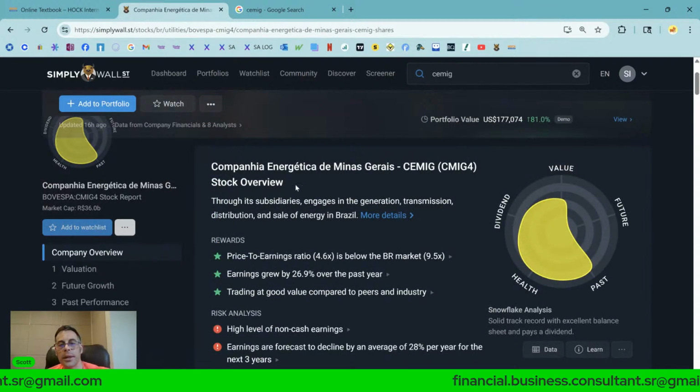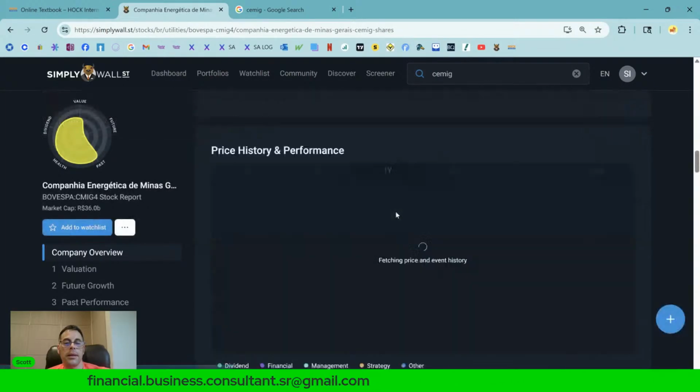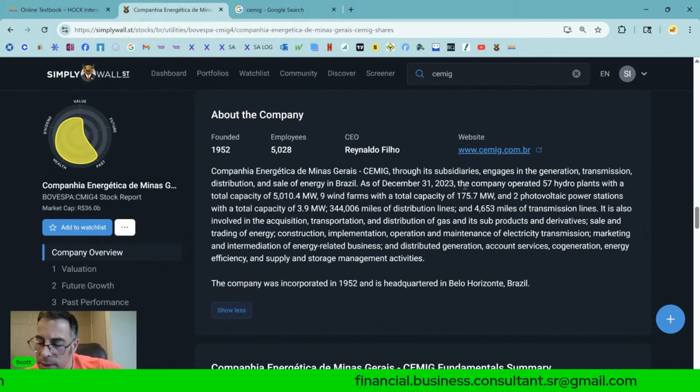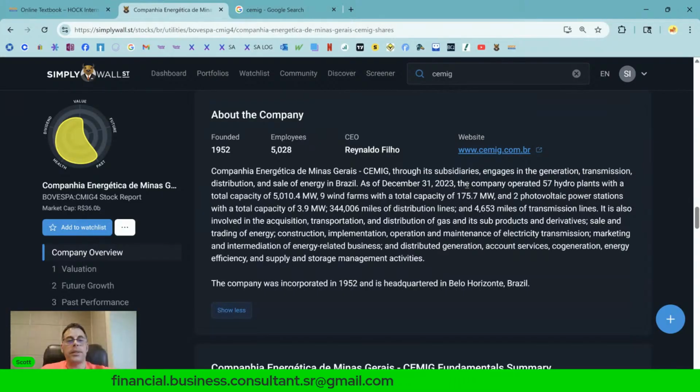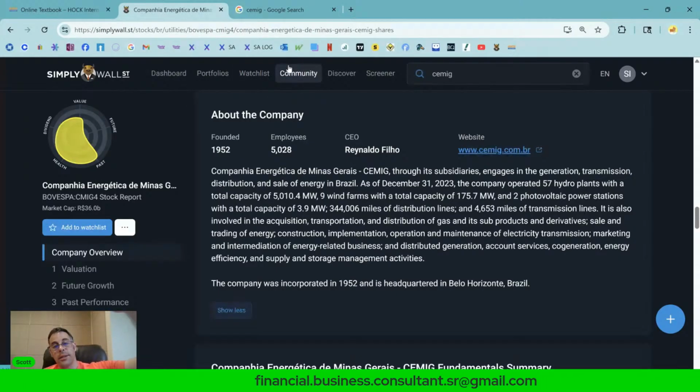Companhia Energética. I think I might have looked at this once. It's Brazilian. Brazilian stocks always trade at a huge discount because the stock can't get that high because of the country risk.